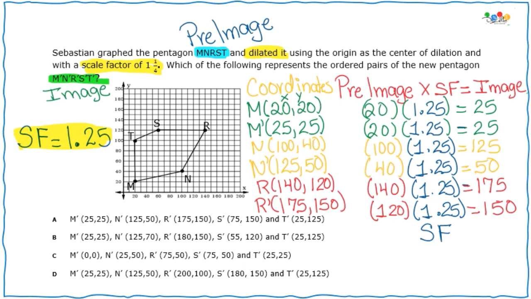So now I want you to look at the answer choices, and you're looking for my new image. These are the numbers that I want to find somewhere on my answer choices.